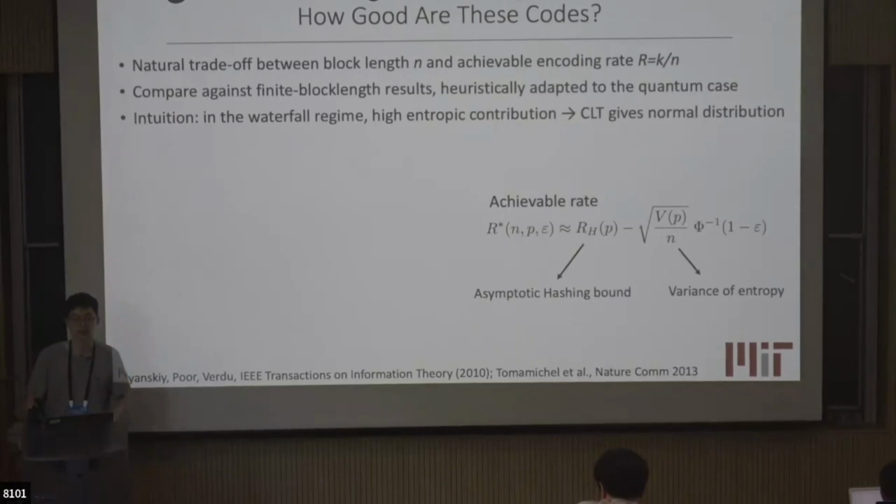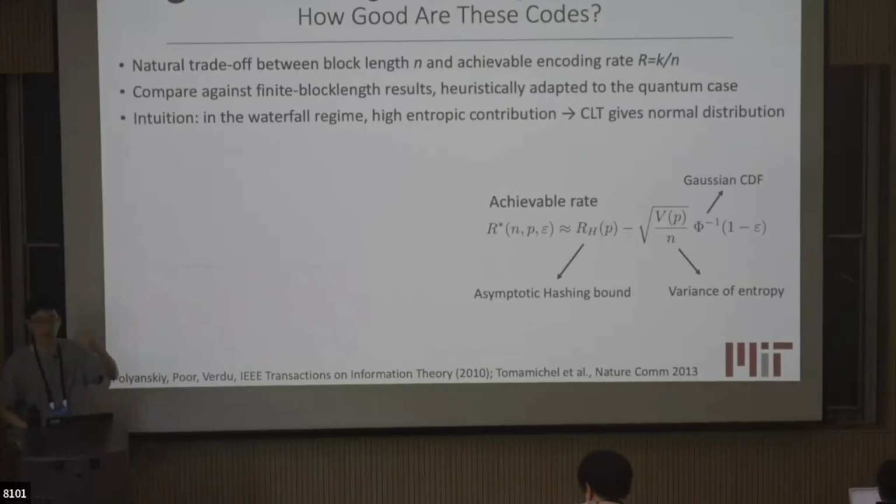And then there's a finite size correction that comes from the variance of the entropy. Roughly, you can think of this as each time I'm drawing a noise realization. And when I draw this noise realization, this particular sample won't necessarily have the entropy of the average case. So there will be some variance. And we can characterize how far it was from this average entropy for the given actual sample by using a variance.